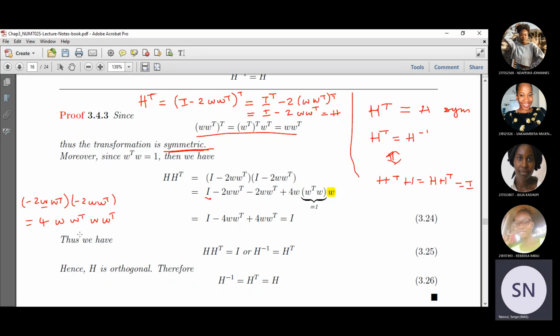So you see that this is what we have. Now we can group these two, W transpose W, like this, and we know that this is 1. So this being 1, we are left with 4 W W transpose. So here we have the transpose here.